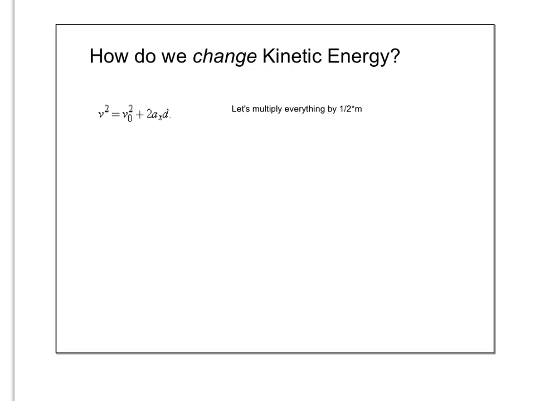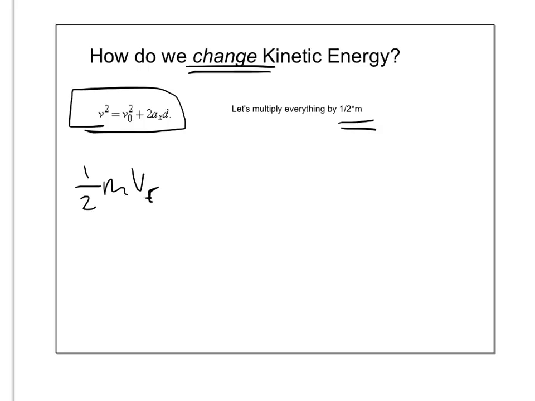Okay, so what would we do to change something's kinetic energy? Well, let's look at an equation that we've dealt with before. That's the kinematic equation with constant acceleration. So if we were to multiply every one of those terms by half mass, we'd get 1/2 mass v final squared equals 1/2 mass v initial squared plus 1/2 mass times 2 acceleration times d.